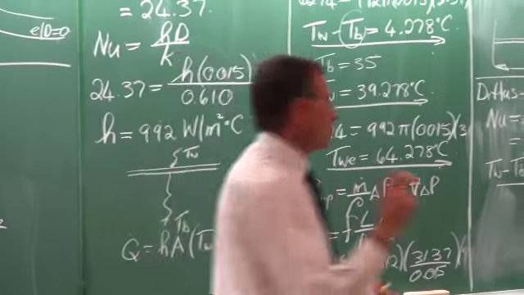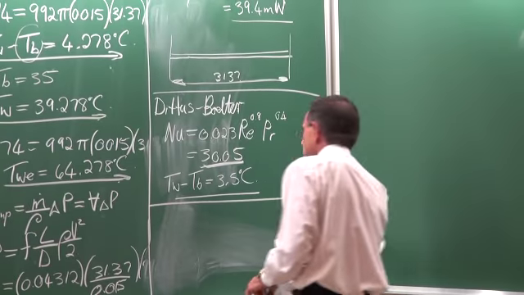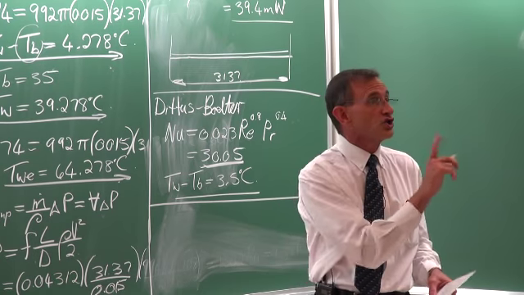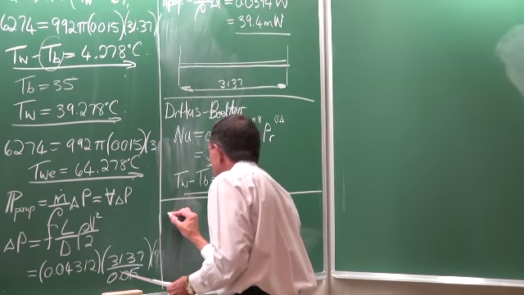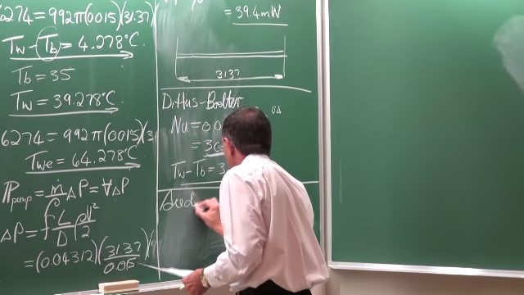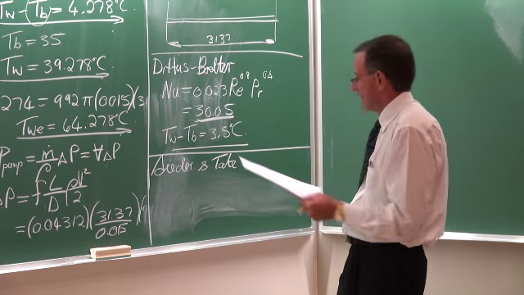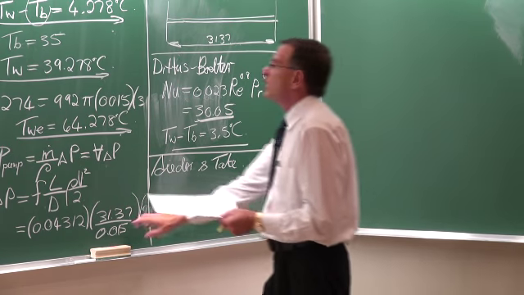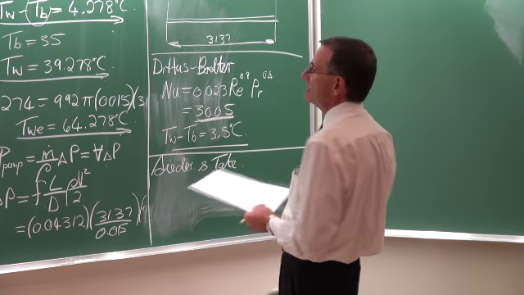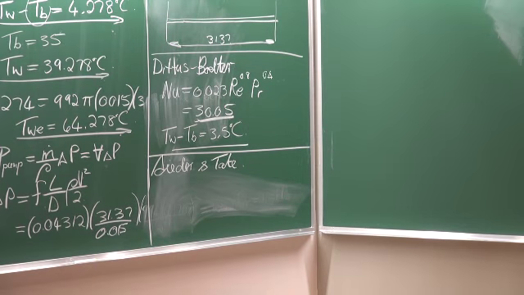Okay. Another one, which is a headache for many students, is the one with the viscosities, which is the Sieder and Tate equation. Now with the Sieder and Tate equation, I need some more space. Clean here.